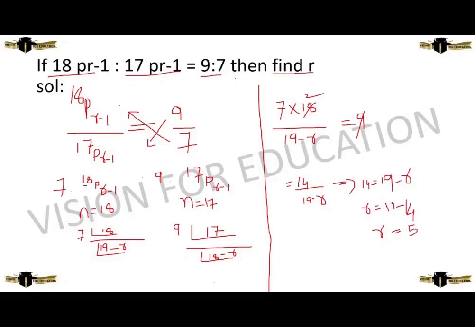In this problem, we are using two formulas, that is (n plus 1) into nPn is equal to (n plus 1)Pn, and the second formula is nP(r plus 1) is equal to (n minus r) into nPr.